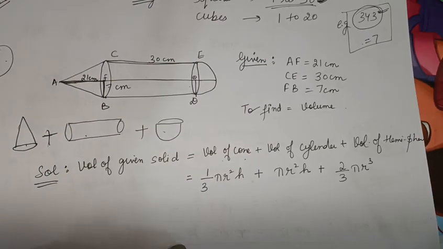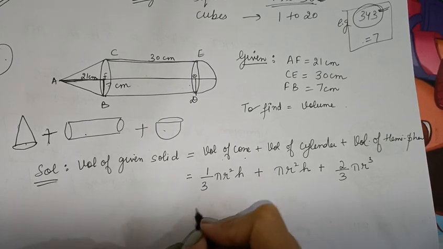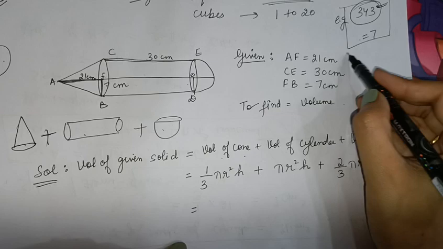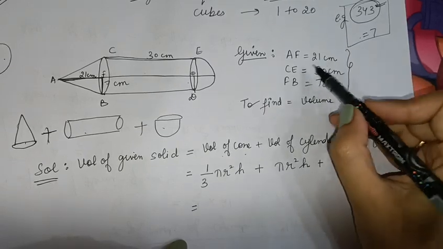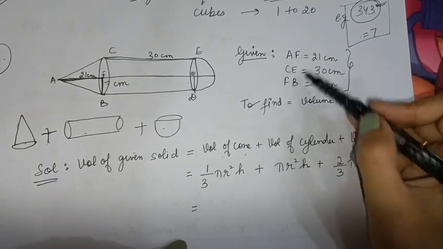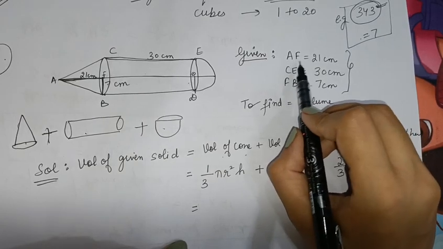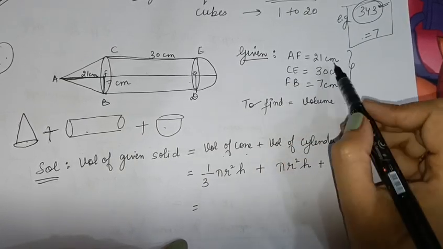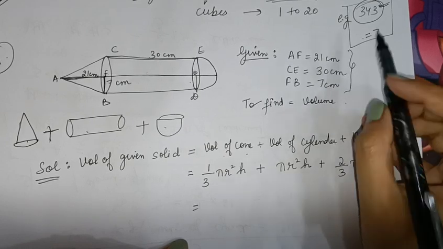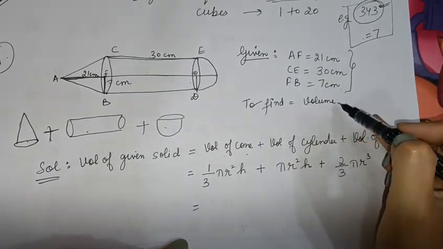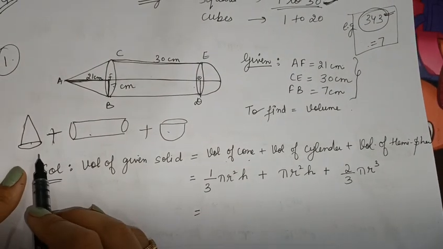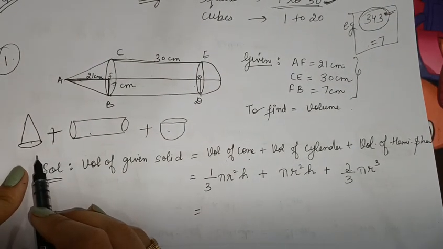Now what is the next thing we have to do? First of all, when we are starting any question, just see the units of all given lines or sides. AF is equal to 21 centimeter, this is 30 centimeter, this is 7 centimeter. So all these values are in centimeter only, so it's good. We can start our question now. Individually let's figure out first the values of r and h.